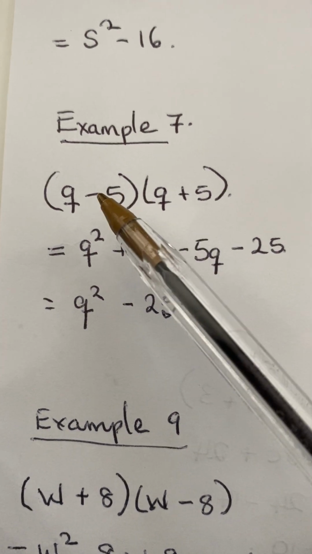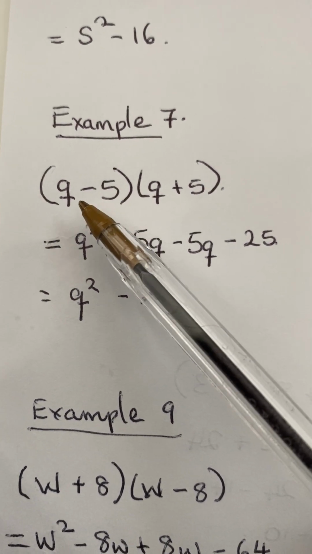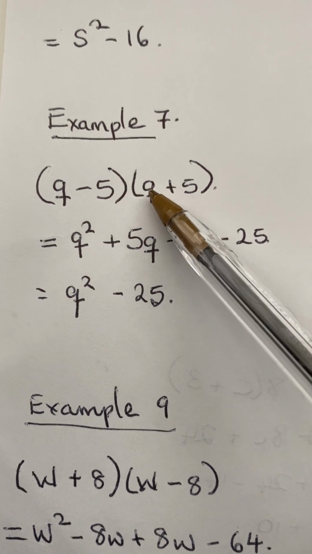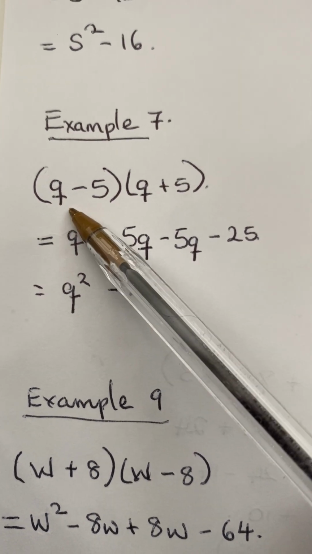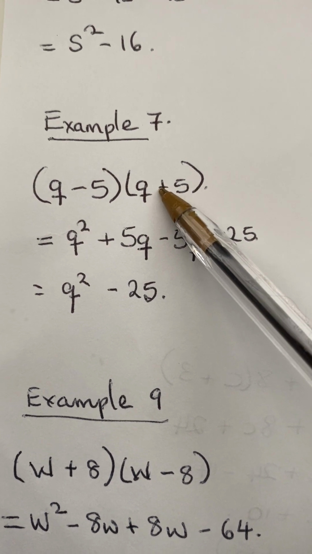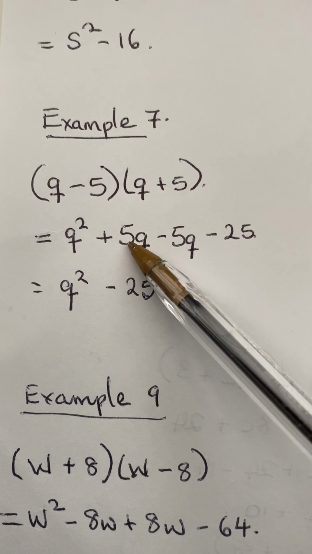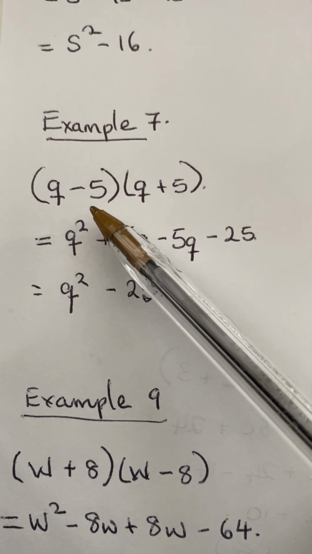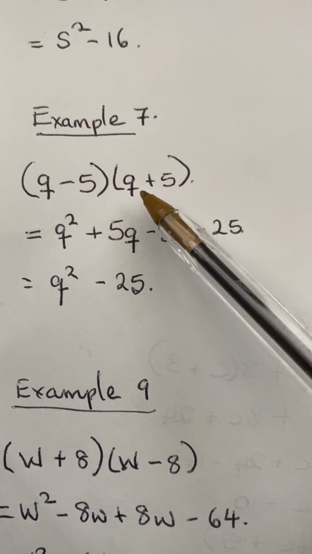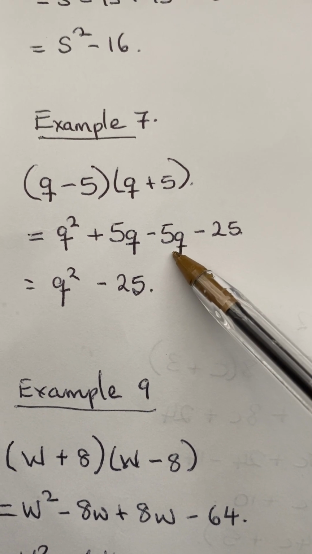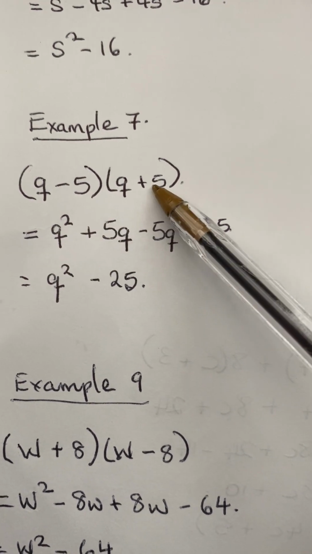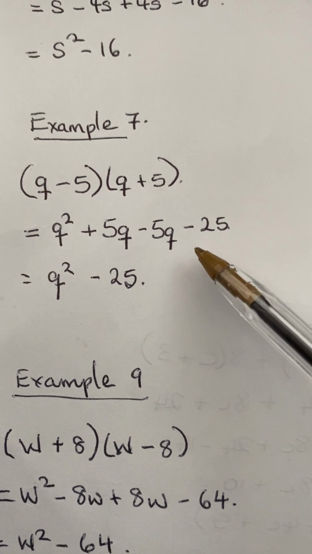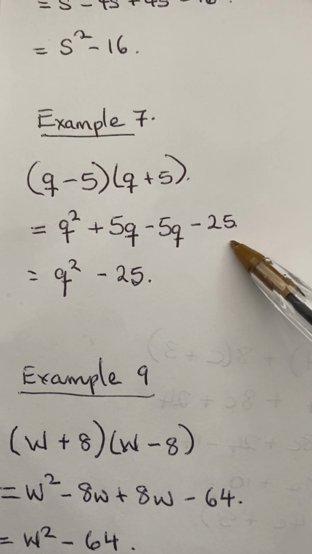Okay, so now let's go on. Q times Q is Q squared. Q times 5 is 5Q. Minus 5 times Q is minus 5Q. Minus 5 times positive 5 is minus 25.